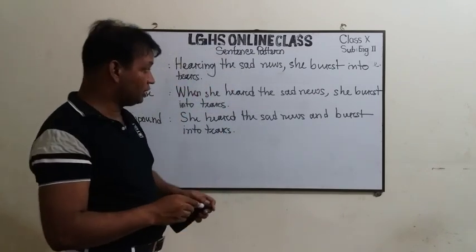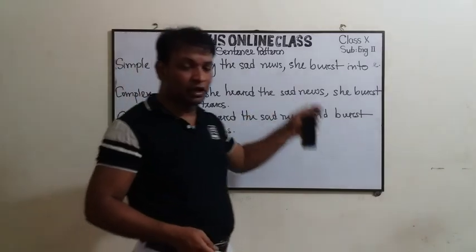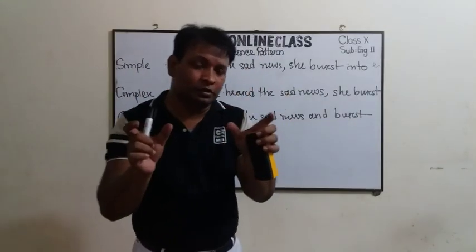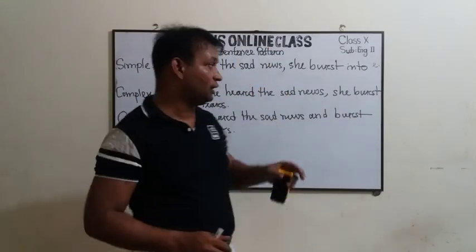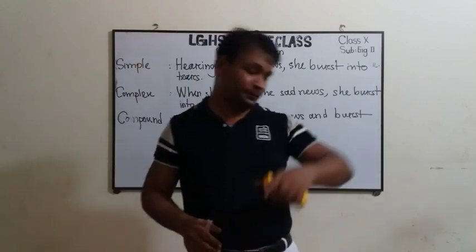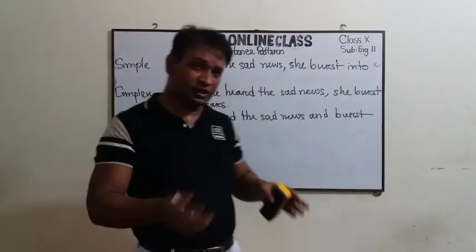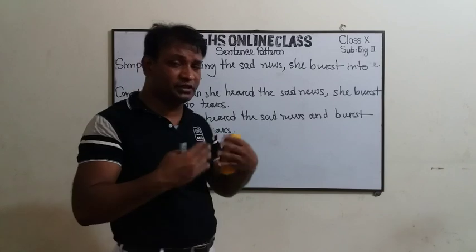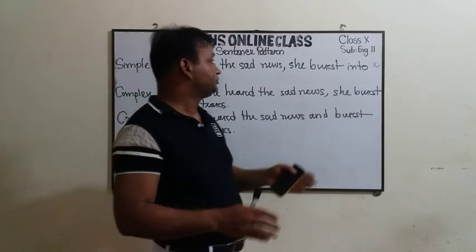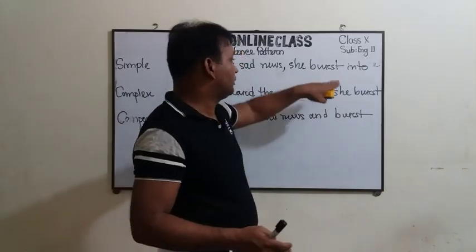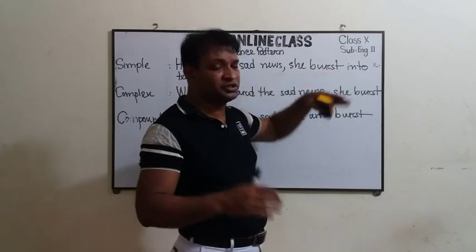Now, carefully look at the sentences. All the sentences have two actions executed by the same agent. The preceding action is to hear the sad news, and the following action is to burst into tears.